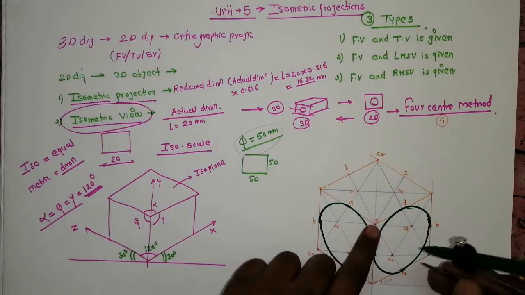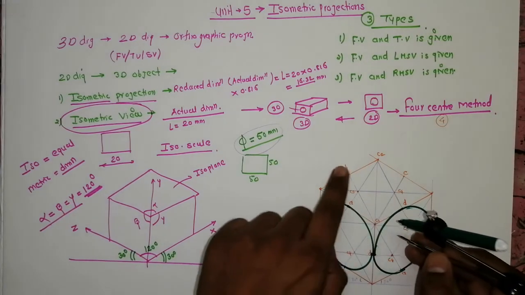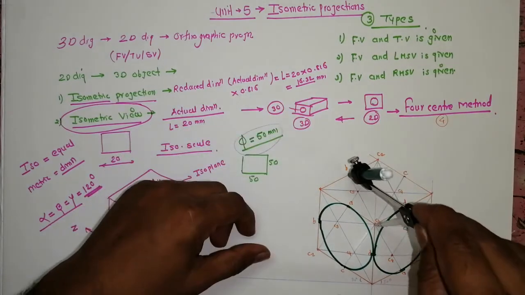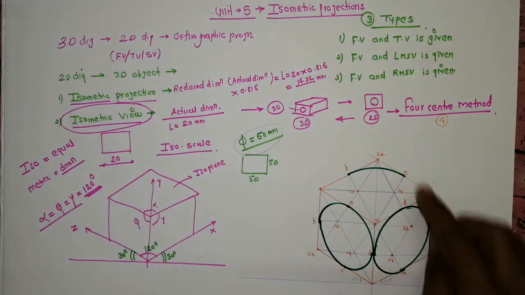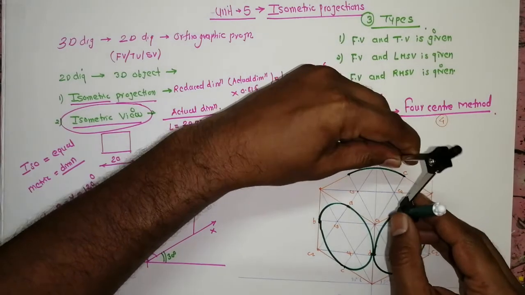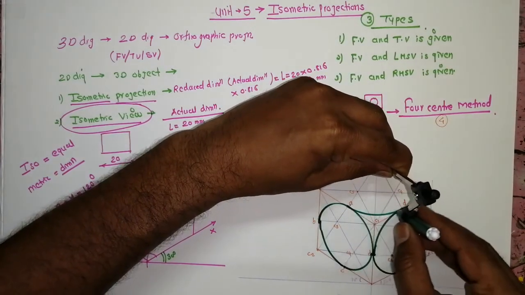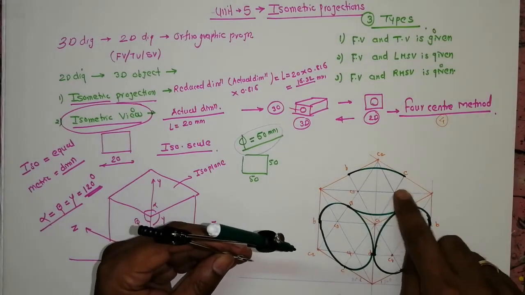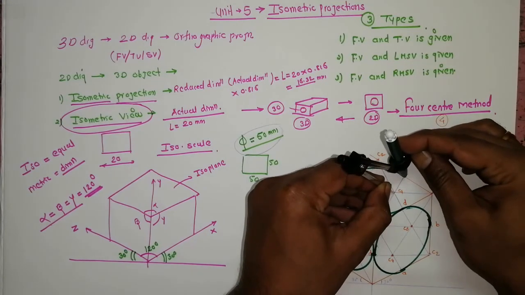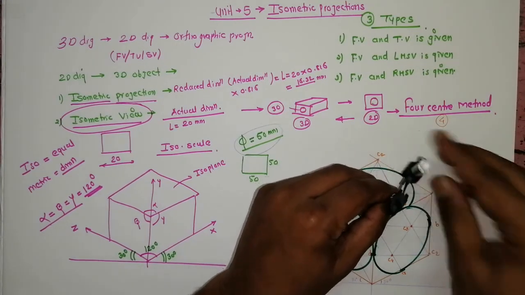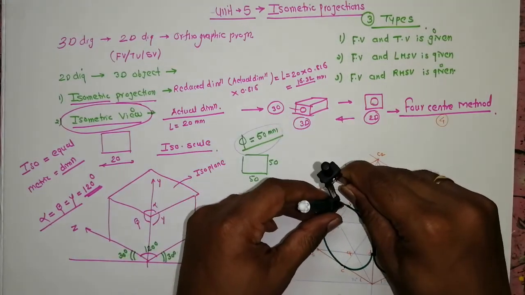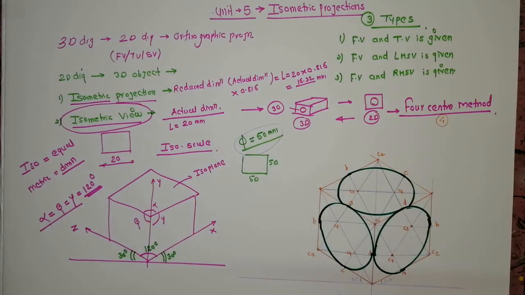Now from C1, C1B radius or C1C radius, arc between B and C. From C2 center, C2A or C2D, arc between A and D. Then C4 center, C4C or C4D radius, arc between C and D. And from C3, arc between A and B, radius is C3A or C3B.